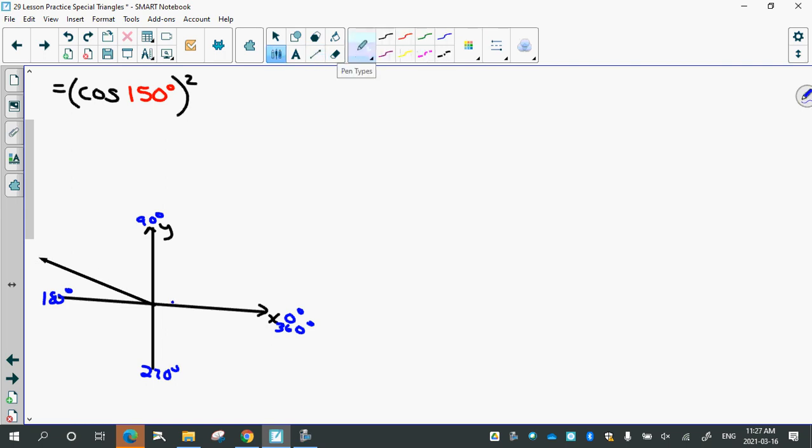So this is 150, which makes this a 30-degree special triangle. Then I want to label the three sides of a 30-degree special triangle so that it makes sense to be in the second quadrant.